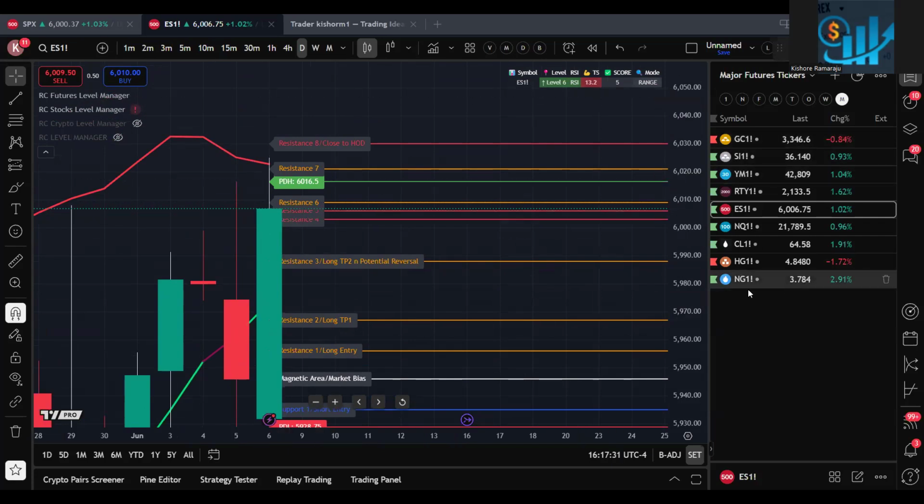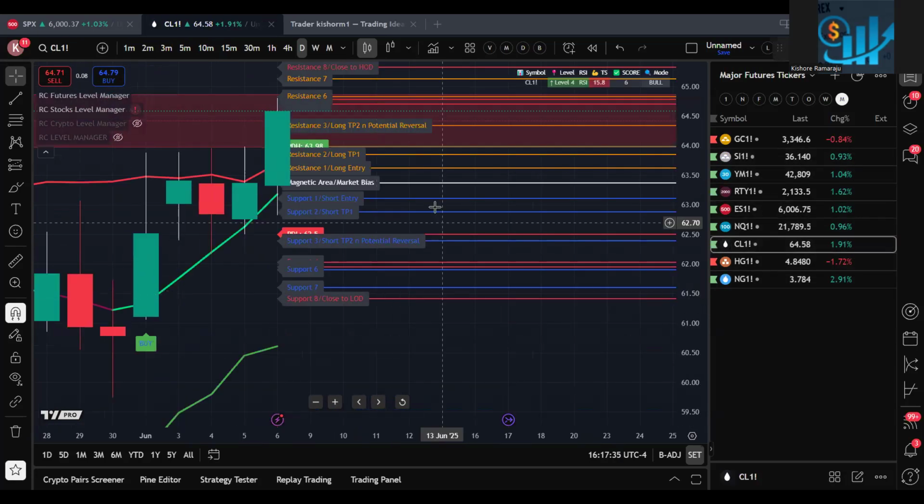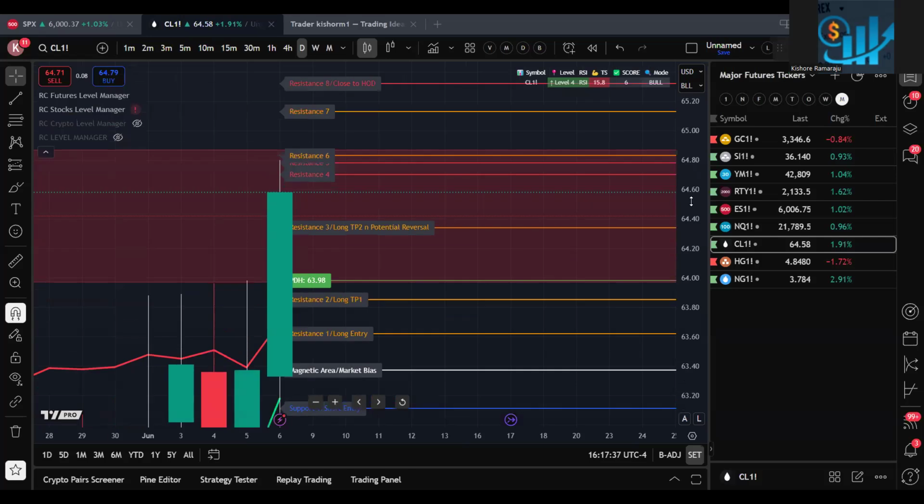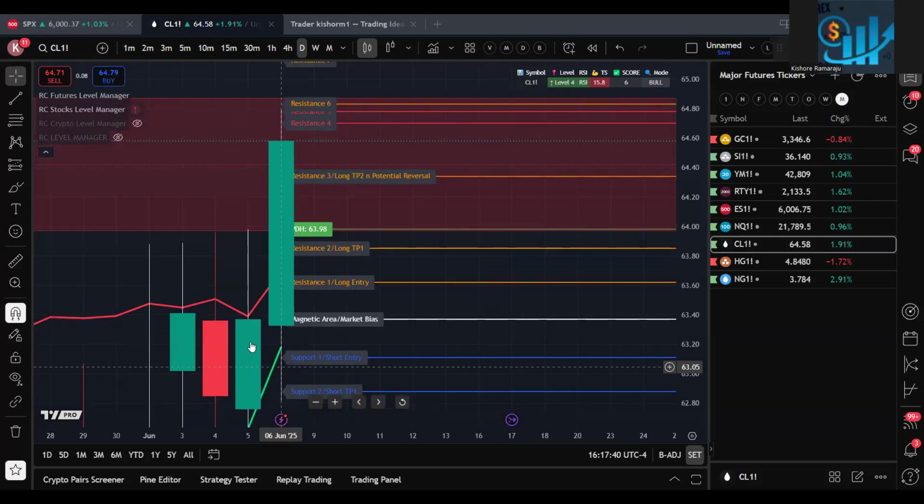Whereas if you see crude oil, also it was a little bit below the magnetic area, then it went further high.